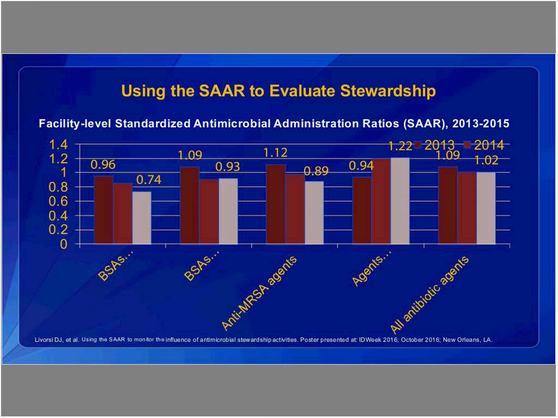And I'm sorry some of the axis labels are cut off here, but basically what they were looking to do was decrease the use of their broad spectrum hospital onset agents, things like carbapenem and piperacillin tazobactam, and they were looking to reduce that use. They were focused on reducing the use of MRSA agents.